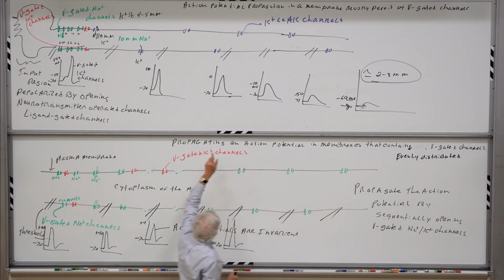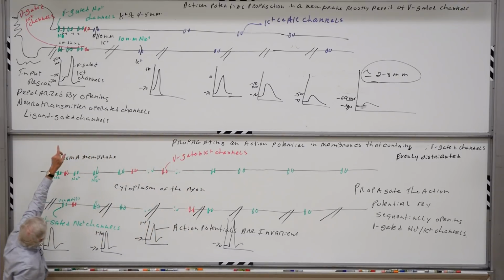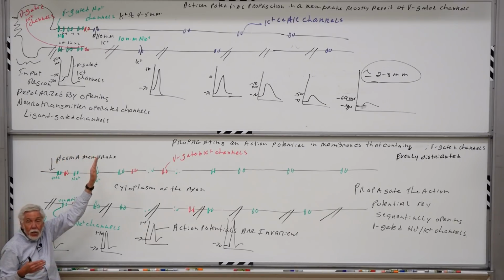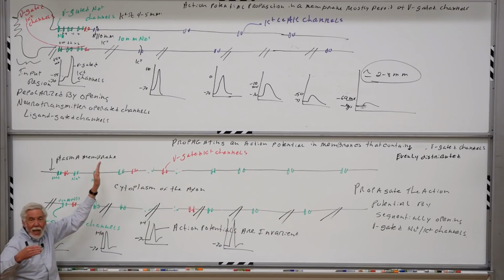Well, if you notice in the upper panel, I've restricted the position of the voltage-gated channels just at the extreme left-hand end. So those open, and then they inactivate. And they let positive charge in, sure enough. But now there are no other available voltage-gated sodium channels to open to start the potential again.